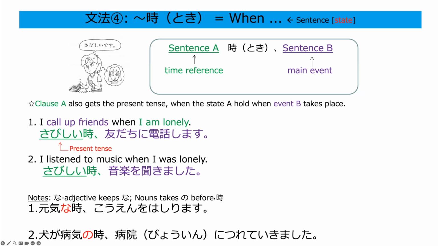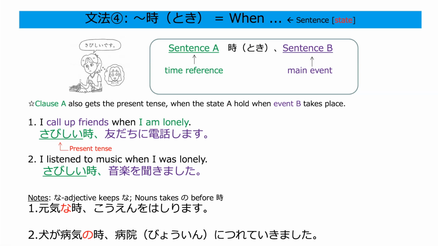One note regarding that is just don't confuse it with the word cluster. 元気な is an adjective. 時 is a noun. So you can modify 時 with an adjective. 元気な人、元気な時。So you need a な here. 元気な時、公園を走ります。When I'm energetic or healthy, I run in the park. However, in the case of 犬が病気の時, 病気 we translate as sick, when the dog is sick.